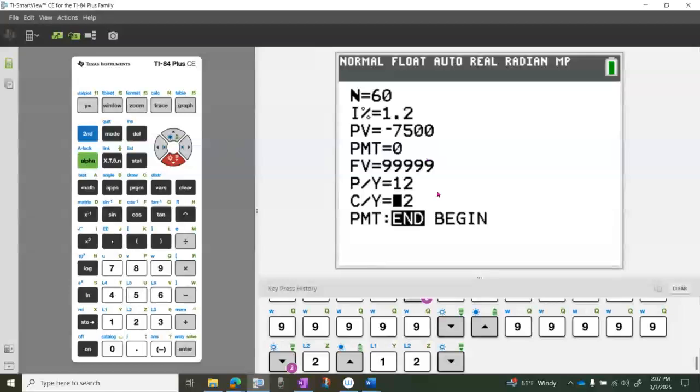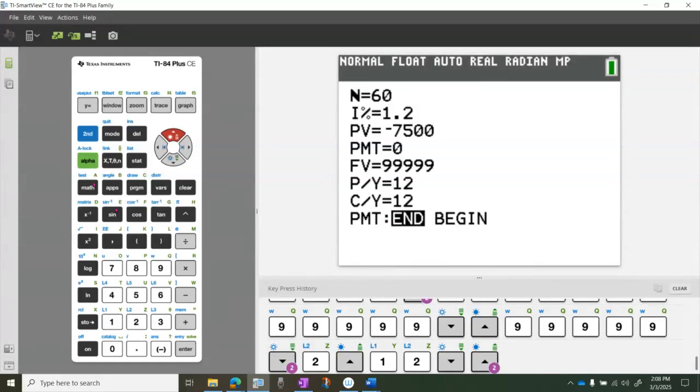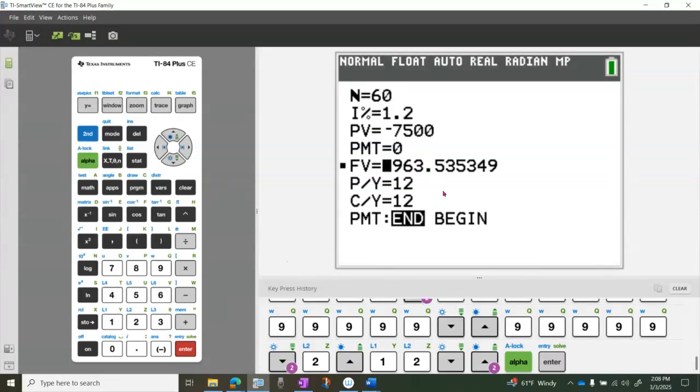And now we have all the entries in place. We can go back to future value, because the future value is what we want to look for. We want to know how much money is in the account after 5 years, after 60 months. Leave your indicator blinking here, and then press alpha, the green key, alpha, enter.